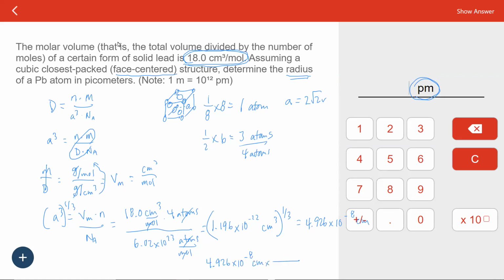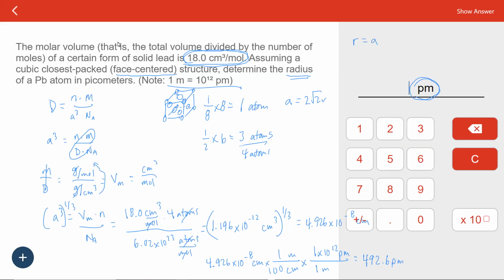First thing I'm going to do is convert to meters, out of centimeters to meters, 100 to 1. And then I'm told up here that for every 1 meter, there's 1 times 10 to the 12th picometers. So my centimeters divided by 100 times 1 times 10 to the 12th, and I get 492.6 picometers.